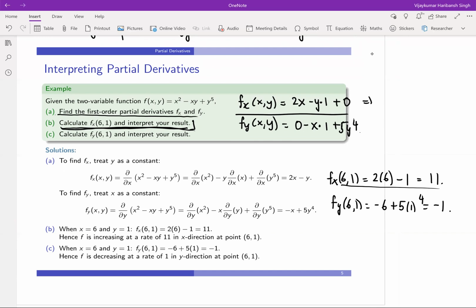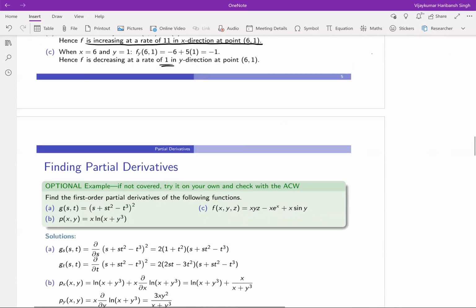And the function is increasing at the rate of 11 in the x direction at (6,1). Similarly, what will be the interpretation here? f is increasing at the rate of -1 in the y direction at (6,1), and a rate of -1 is the same as saying decreasing at the rate of 1 in the y direction. So this is how you compute and interpret the partial derivatives.